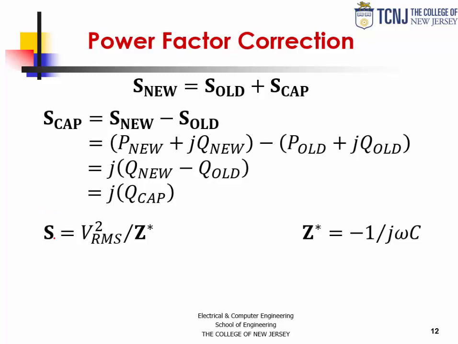And we also know that the complex power is equal to the voltage squared divided by the complex conjugate of the impedance, where that impedance, since we know it's a capacitor, is minus 1 divided by j omega C. So we have the new complex power equals the power in the capacitor equals minus j omega C times the RMS voltage squared.